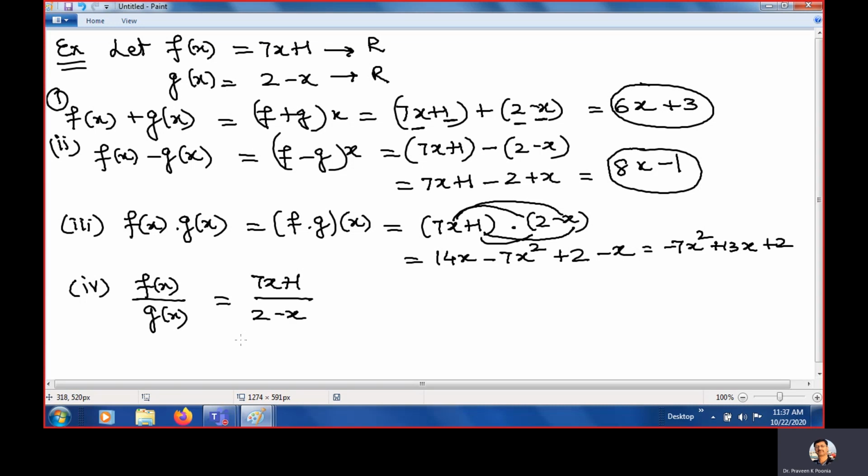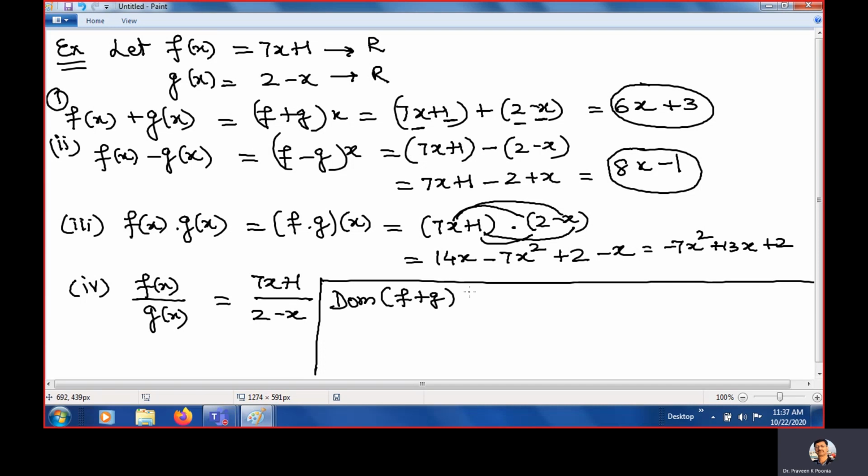So this is how to calculate the values of fx plus gx, fx minus gx, fx into gx, and fx upon gx. Understand? Now we need to find the domain of these functions. If we calculate the domain of f plus g, f minus g and fg, it will be the same.